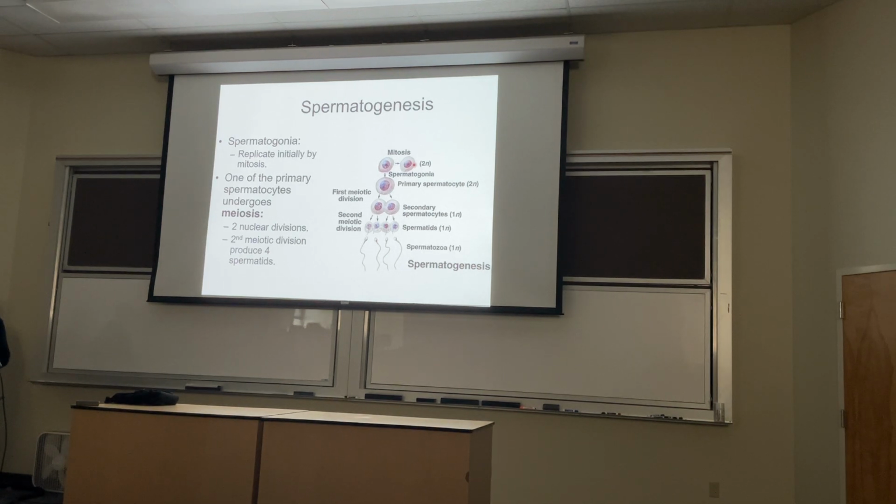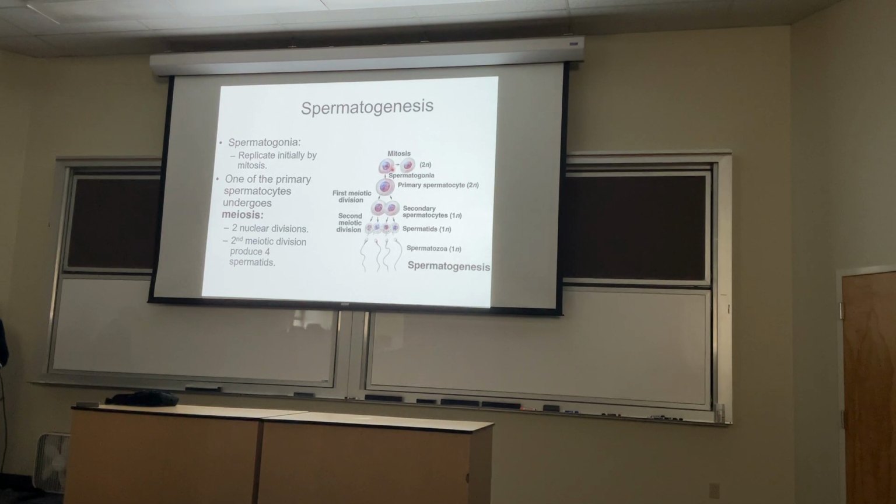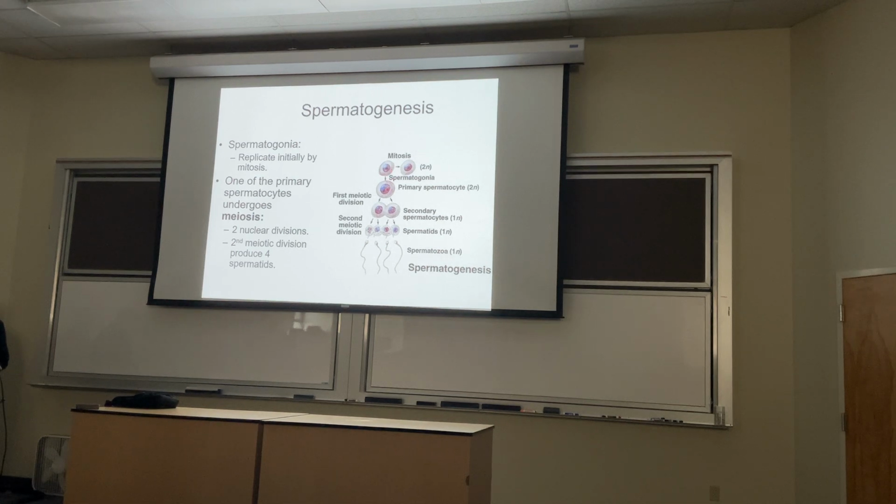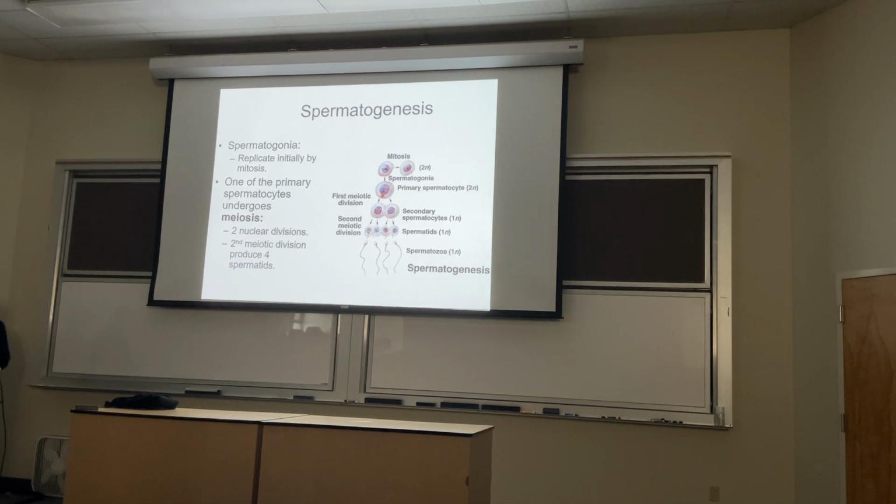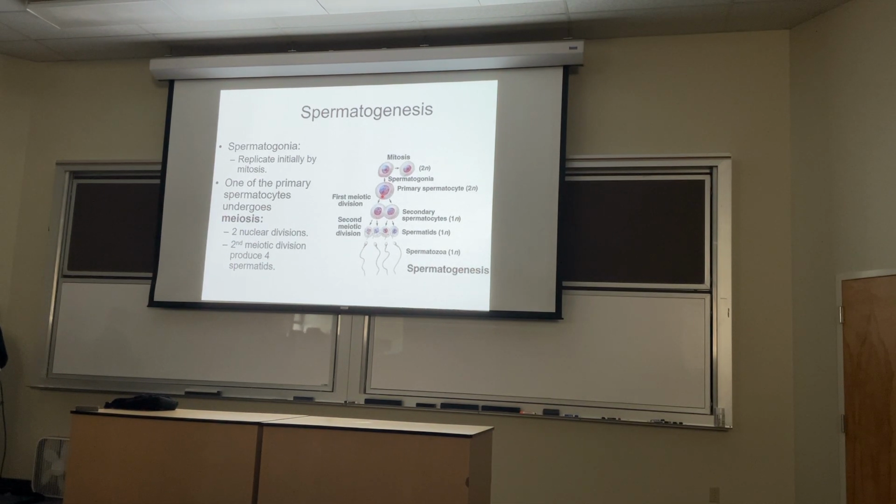But some of these spermatogonia can differentiate without dividing into primary spermatocytes. Notice these are diploid with the 2N still. The DNA has already doubled before you go through this process.